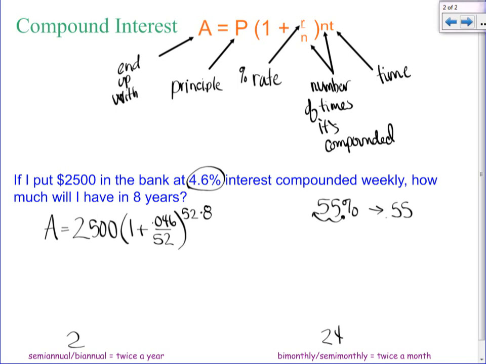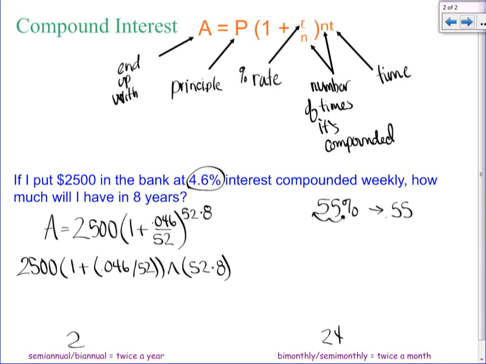Now, the hardest part about this is not writing this down, it's putting it in your calculator. So I need all of you to get your calculators out, because I need all of us to get the same answer. I'm going to write down the long line of how you should type it in. Okay, the parentheses are the key here. You'll notice we've got our initial number 2500 and then parenthesis 1 plus.